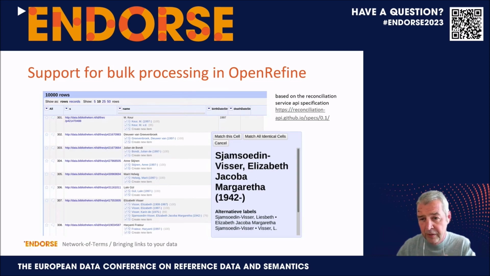Of course, you also need to have a functionality to do bulk processing, because you have a lot of legacy data you want to align to terminology sources as well, to terms. So we provided also an API for use within OpenRefine, which is of course a very well-known tool for data cleaning and aligning data. So all the different sources are accessible through the OpenRefine API on our network of terms.